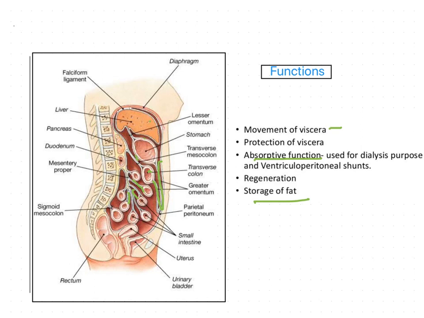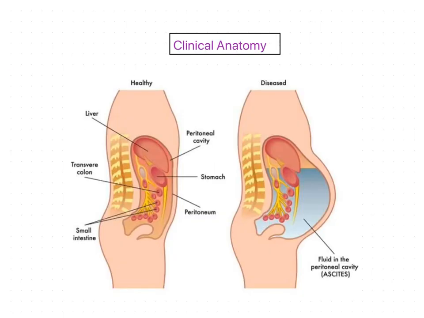Now we'll move on to the clinical anatomy of the peritoneum. The first one is the collection of free fluid in the peritoneal cavity. This is the normal peritoneum, and this is the abnormal peritoneum. The collection of free fluid in the peritoneal cavity is known as ascites.